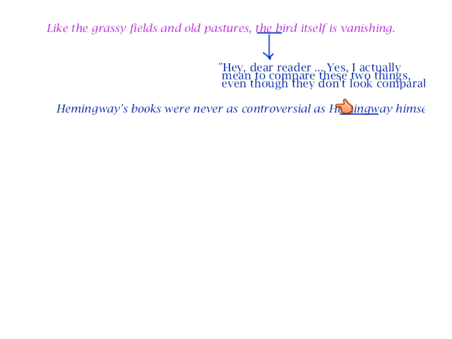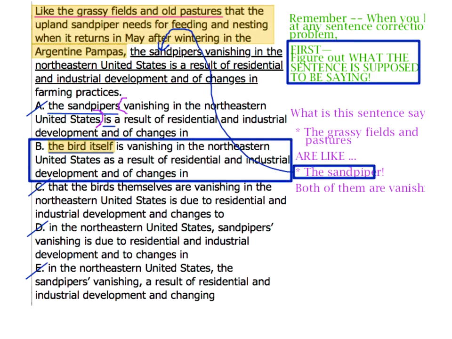Like if you mean that Hemingway himself started fights and was like a troublemaker, much more than his books stirred up controversy, then the himself helps to emphasize that sentence. So that's the point of the itself here. Again, that's not a thing that's going to be tested, but make sure you know that it's not wrong when you see it. So any other questions about this problem, feel free. If not, we will look at another one.